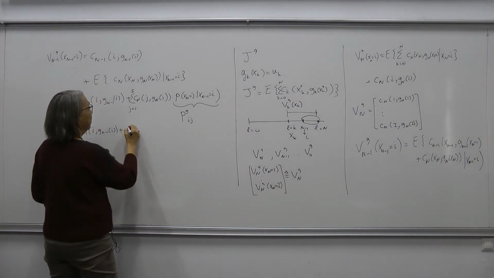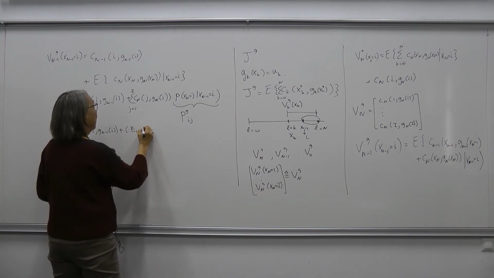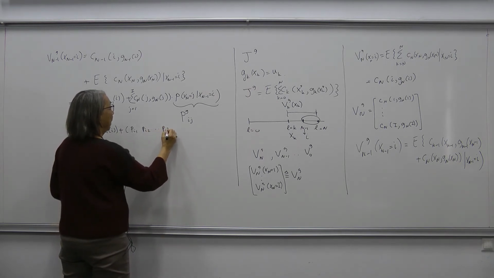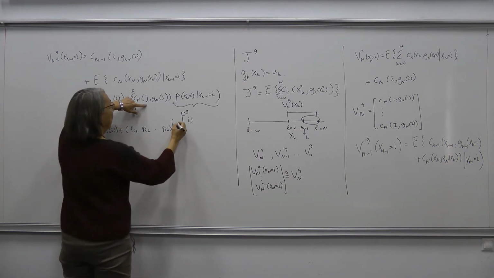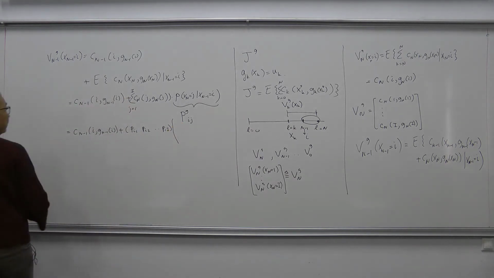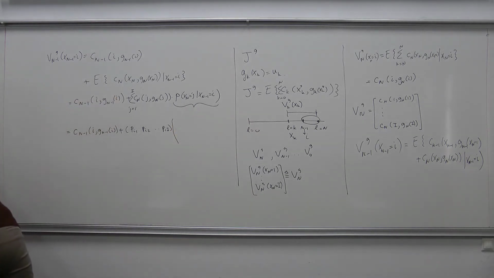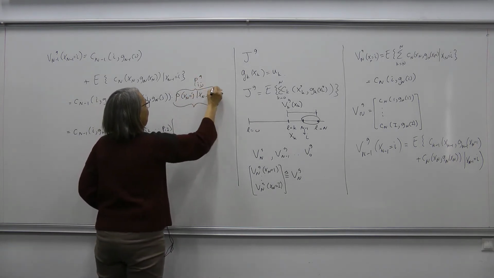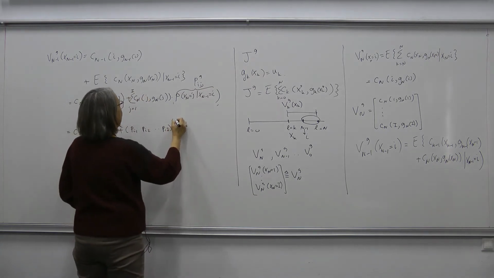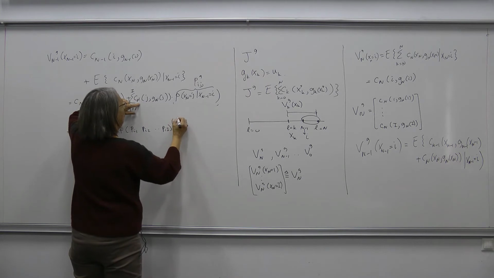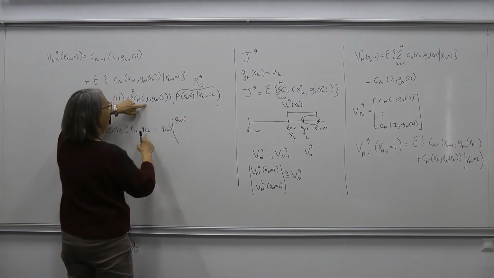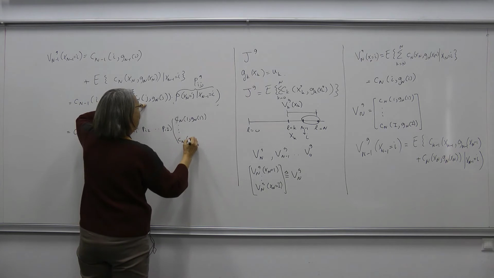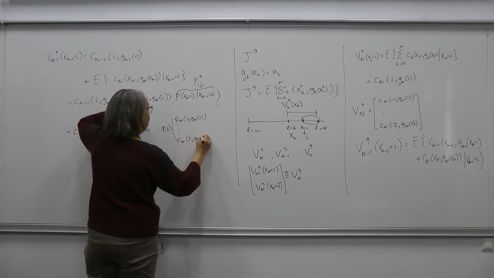The row vector will be equal to pi_1, pi_2, these are the ij-th elements of that one, up to pi_I, multiplied by the column vector c_n of j equal to 1, that is c_n of 1, g_n of 1, down to c_n of I, g_n of capital I.